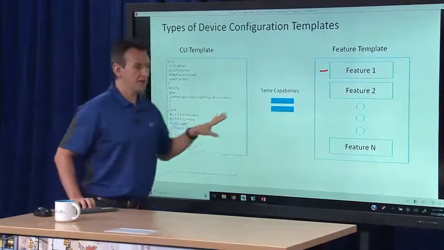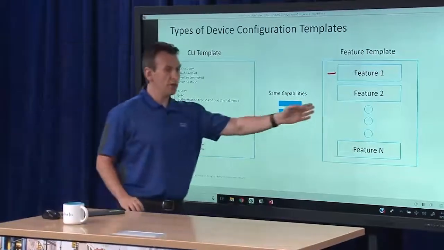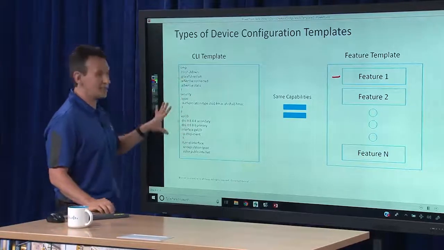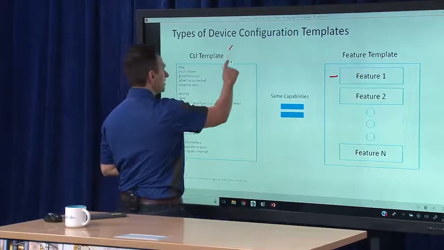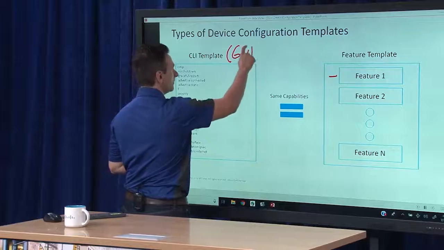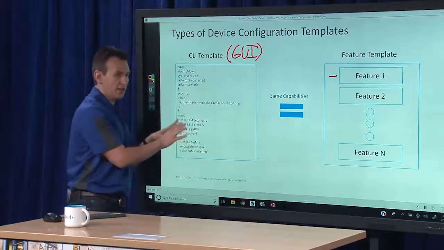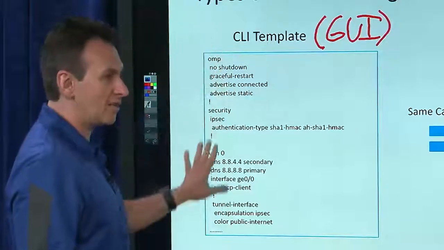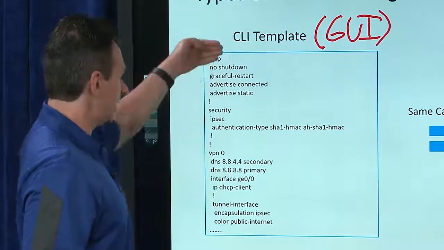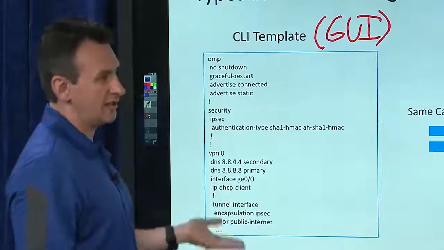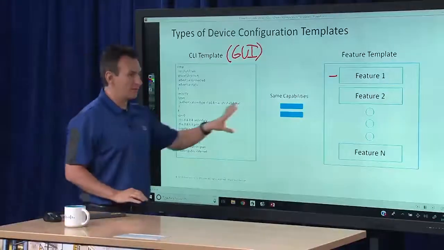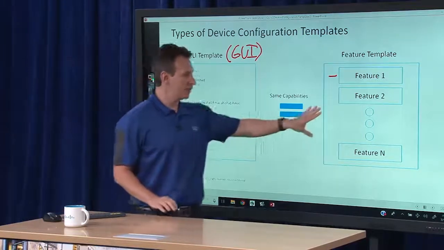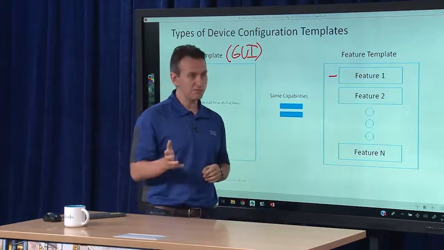How are these different? Well, obviously, this one is GUI driven. This is inside the GUI. So even though it says CLI template, it is actually executed inside the vManage GUI. You're not going into the device. This is still a config that is defined in the graphical user interface of the vManage, yet it looks like the CLI format. So both of these are in the vManage, but obviously they look different. This is completely click-through driven.